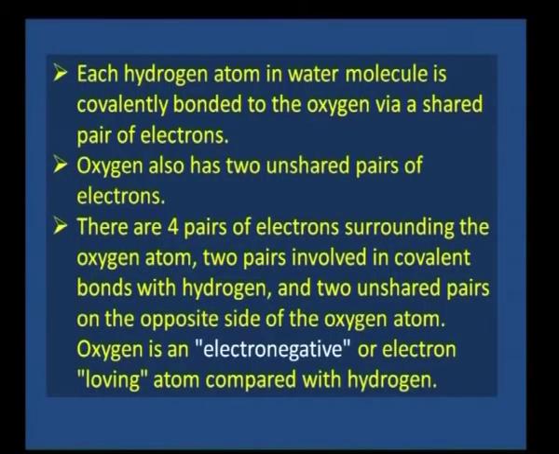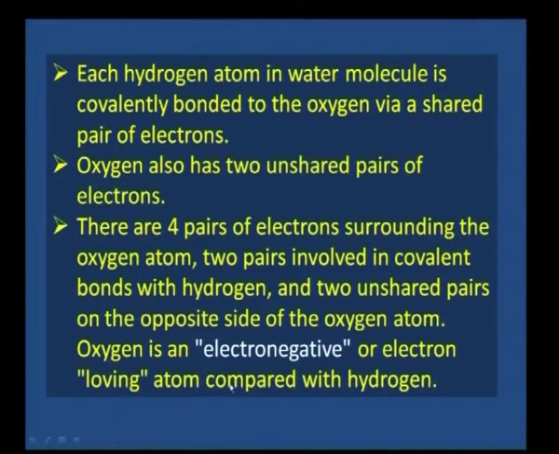Especially in the hydrogen molecule, the electrons are equally shared. And oxygen also has 2 unshared pairs of electrons. There are 4 pairs of electrons surrounding the oxygen atom: 2 pairs involved in covalent bonds with hydrogen, and 2 unshared pairs on the opposite side of the oxygen atom.